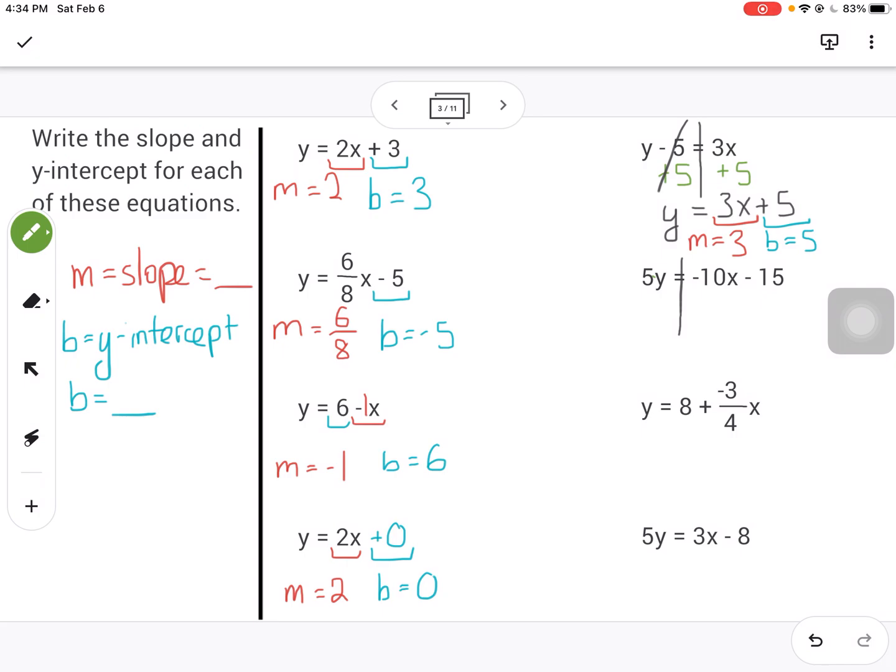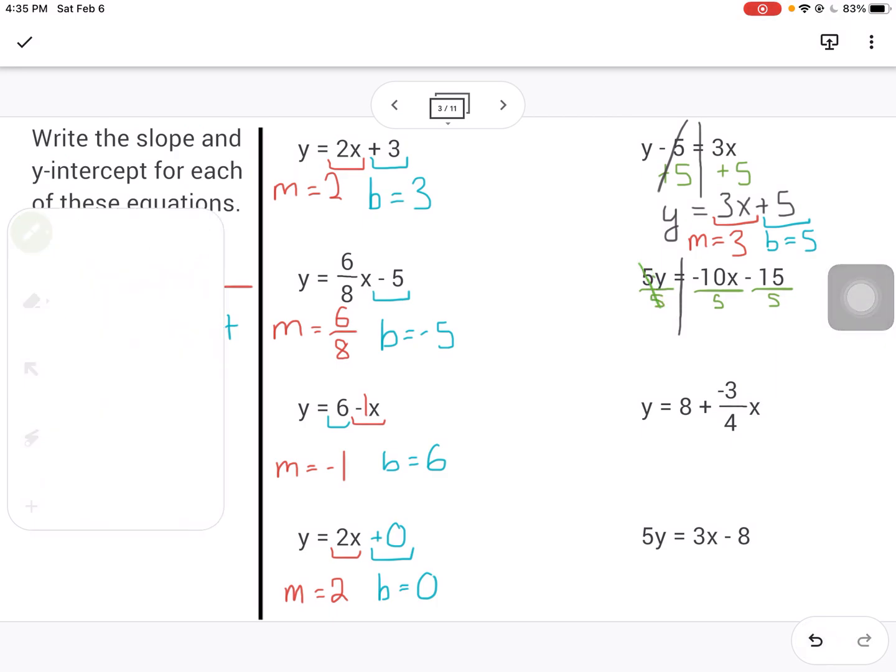The opposite of multiplying by 5 is dividing, so I'm going to divide every term by 5, because whatever I do to one side, I have to do to the other. 5 divided by 5 leaves us with 1y.